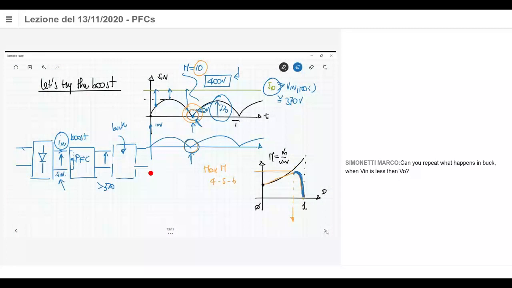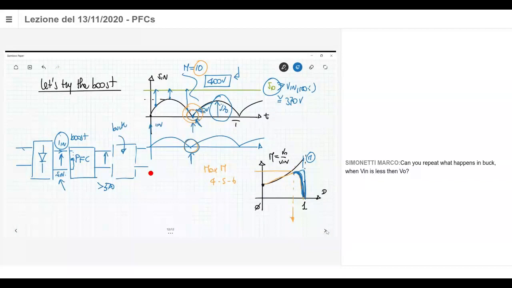So you can have a behavior that induces a larger M, due to the fact that you're using an over-designed boost in a situation in which the current and voltage are very low. This can be done not in all situations, and it's not something you can do easily. It's not advice to always over-design your boost for your application.